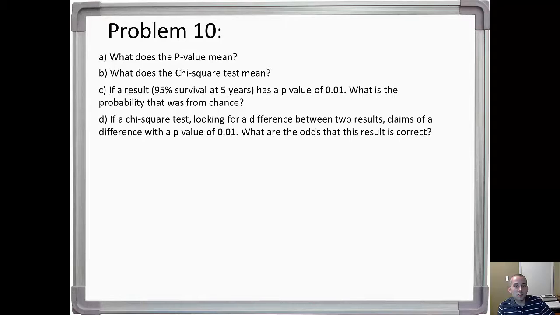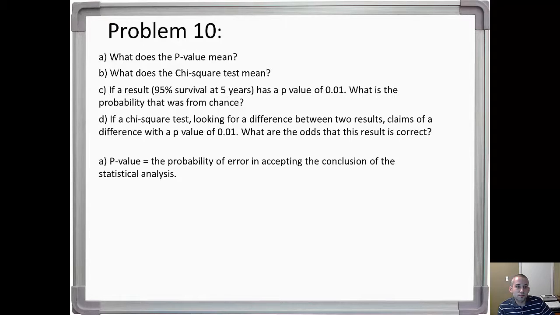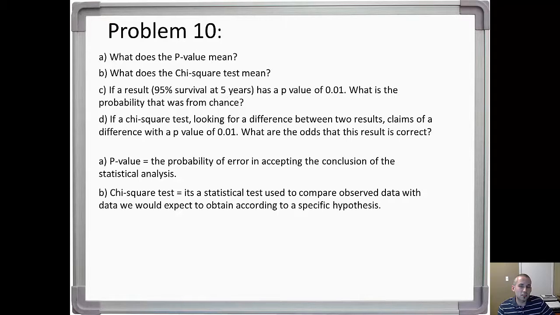So part A, what does the p-value mean? P-value is the probability of error in accepting the conclusion of the statistical analysis. What does the chi-square test mean? It's a statistical test used to compare observed data with data we would expect to obtain according to a specific hypothesis.